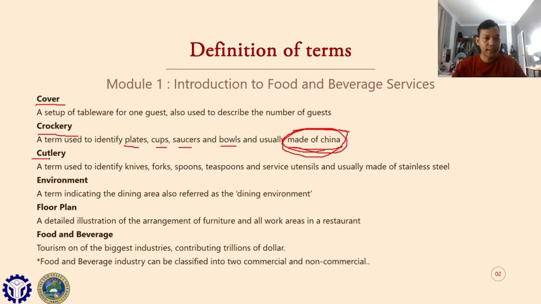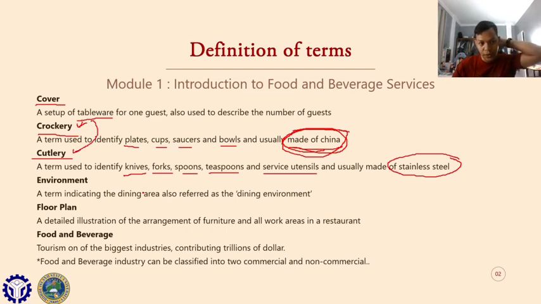Next is cutlery. When you hear the word cutlery, it means the knives, forks, spoons, teaspoons, and service utensils, usually made of stainless steel. So the tableware is composed of crockery and cutlery.